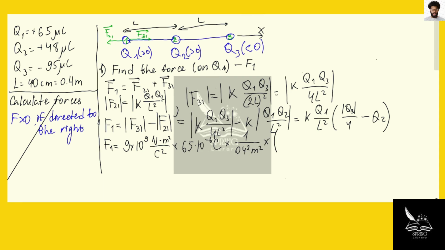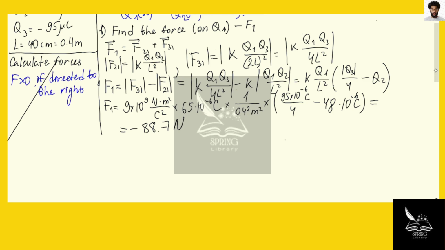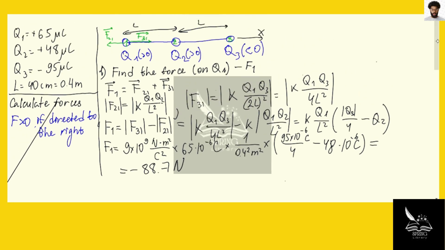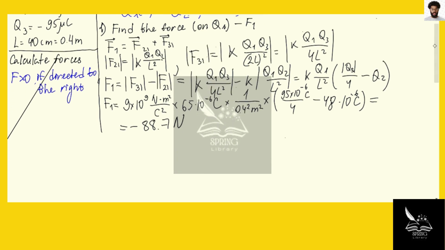And it's multiplied by 95 times 10 to the minus 6 coulombs over 4 minus 48 times 10 to the minus 6 coulombs. If we do the math, it equals negative 88.7 newtons. The negative sign means that the final force will be directed to the left because F21 is larger than F31.